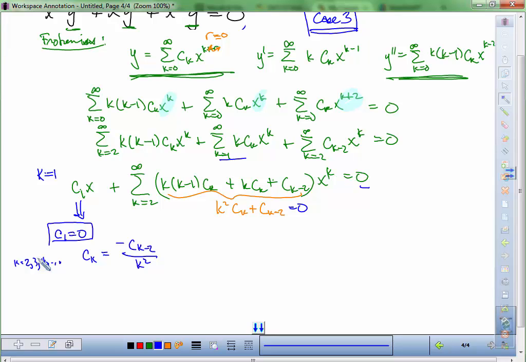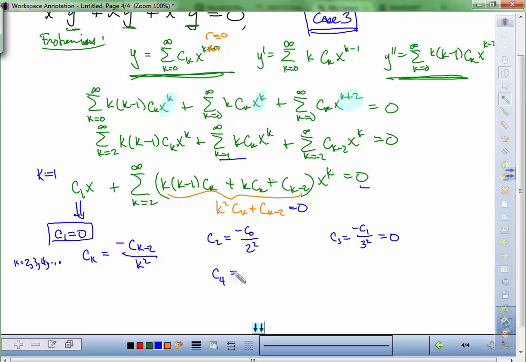So when k is equal to 2, I'm going to have negative C0 divided by 2 squared. I'll just put 2 squared for now. Is that right? That looks right. When k is equal to 3, this is equal to negative C1 over 3 squared. And what is C1 equal to? C1 is equal to 0, so that's gone.